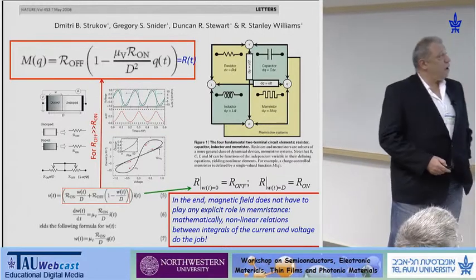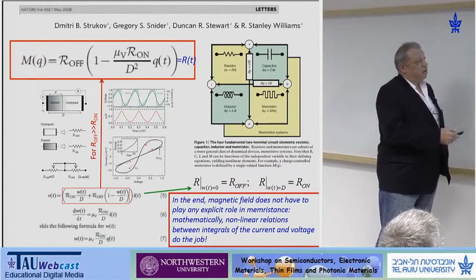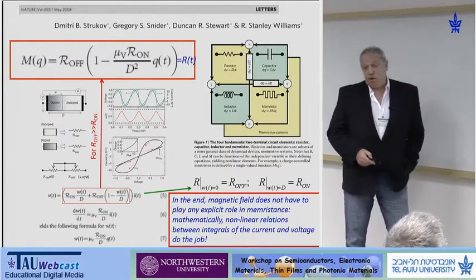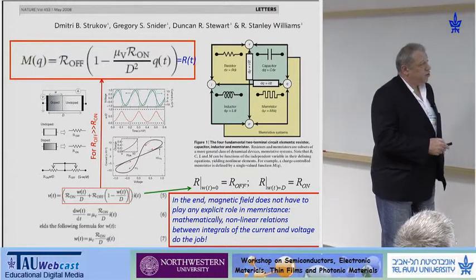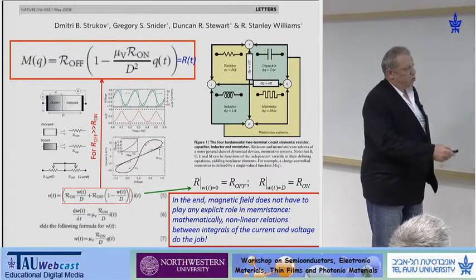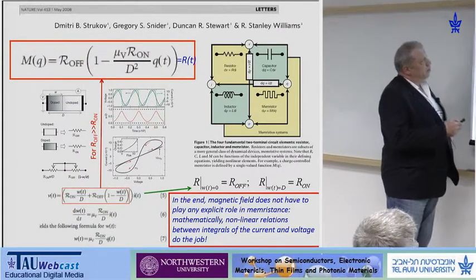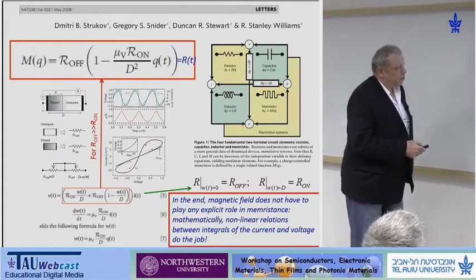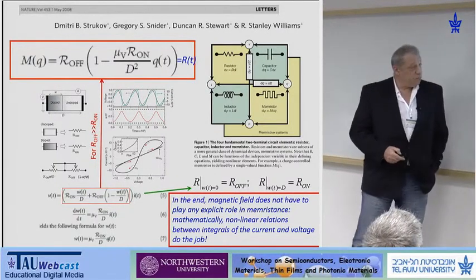Now, the nice thing about this, and that's the model that Stan suggested at the time to explain this, is just two potentiometers connected in series. And then if you want to see the voltage division on this, it looks like that. And this is the memristance. And it will depend, of course, on the length of each potentiometer.